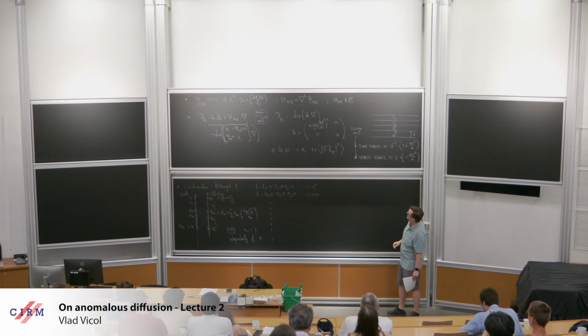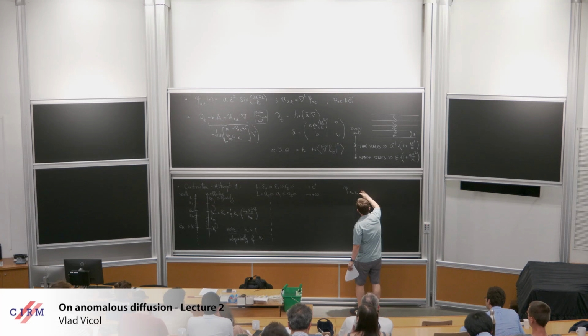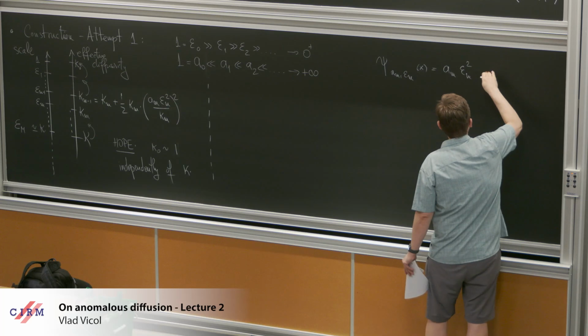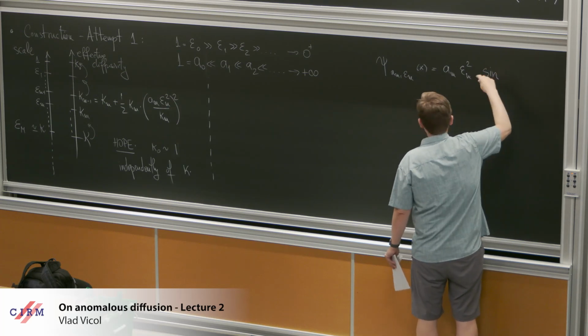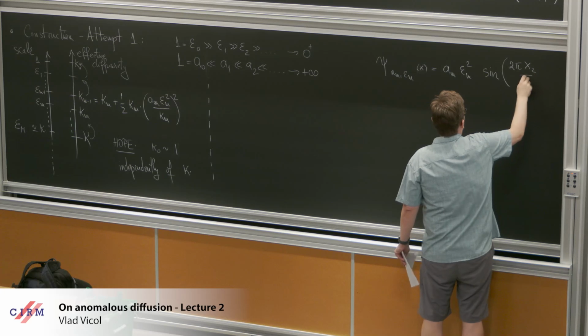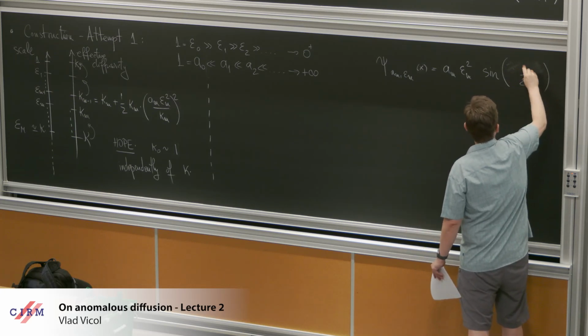Because we would like every single stream function with am epsilon m of x, which is am, and then some base, let's say a sine, but you'll see in a second that's not exactly what I mean. Let me write just x, okay?